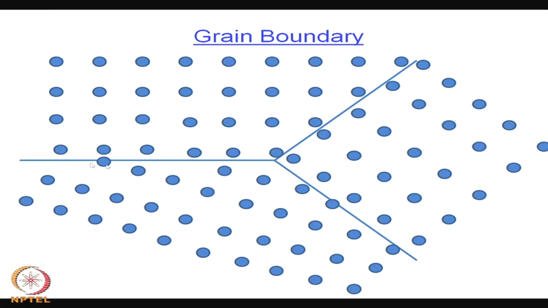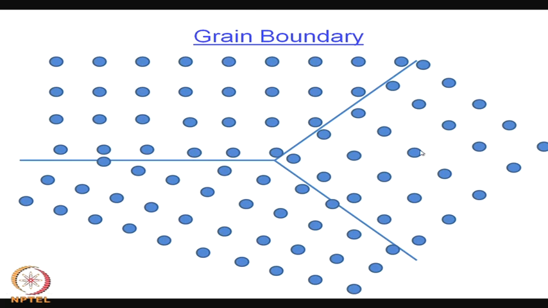Sometimes a grain boundary is a combination of a large number of dislocations. An assembly of a large number of dislocations can give rise to this kind of boundary, and they are obviously high energy sites compared to the bulk of the crystal. These are the bulk of the crystal, or the grains.